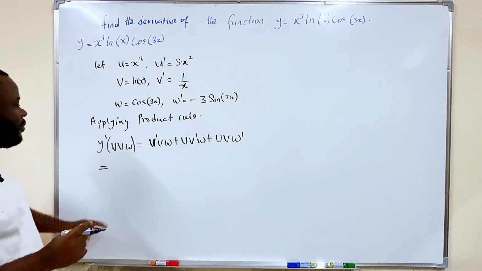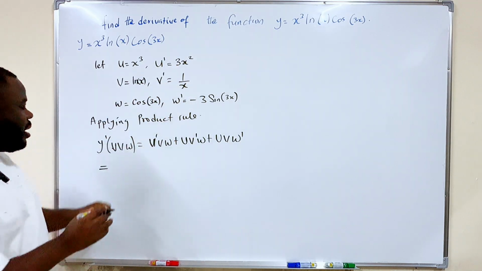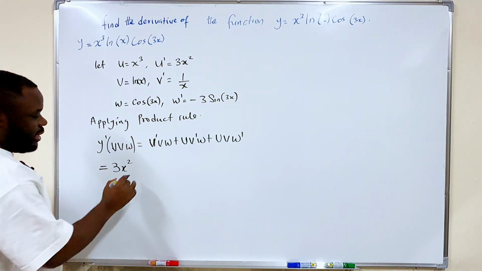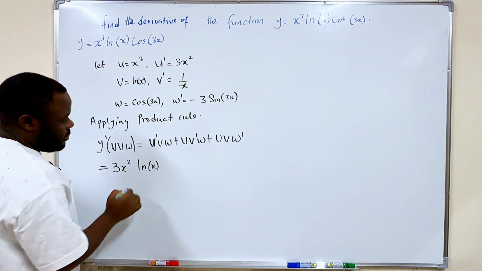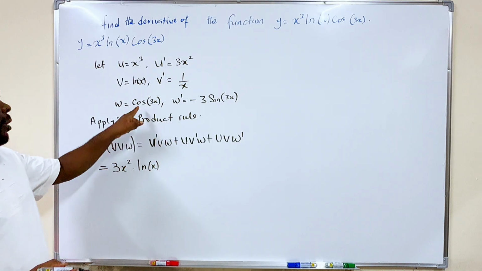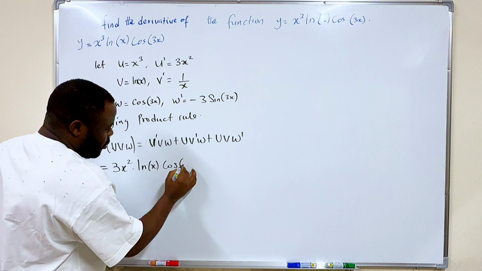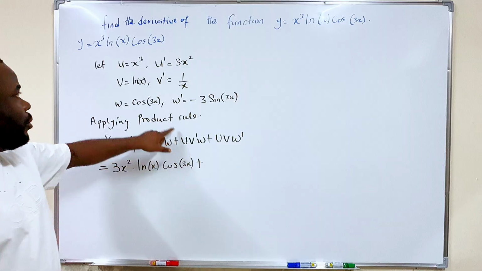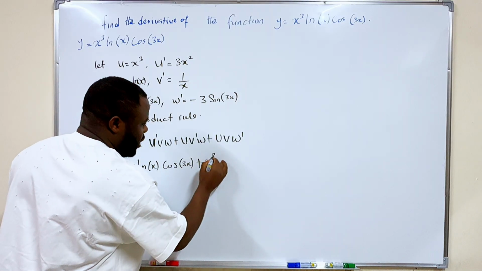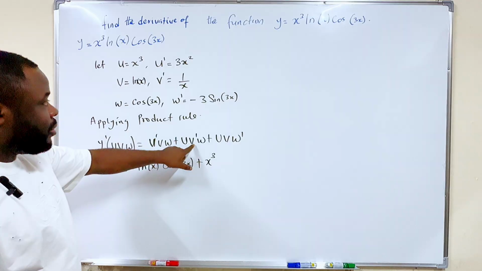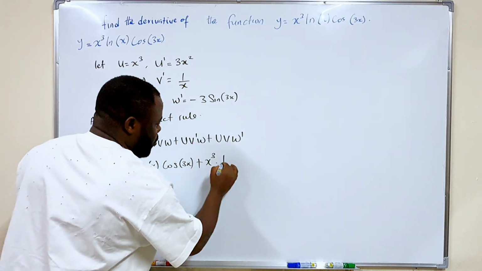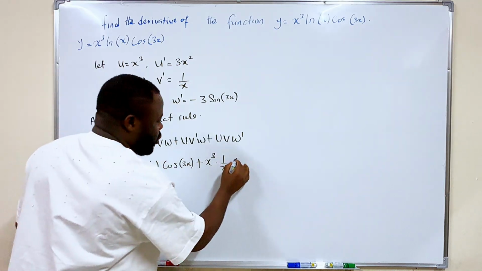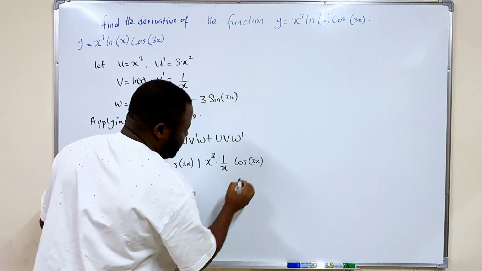We now have our u prime. u prime is 3x squared, then v is ln x, multiplied by ln x, then w is cos 3x. Then plus, let's go to the second term: u is x cubed, v prime is 1 over x, then w is cos 3x.